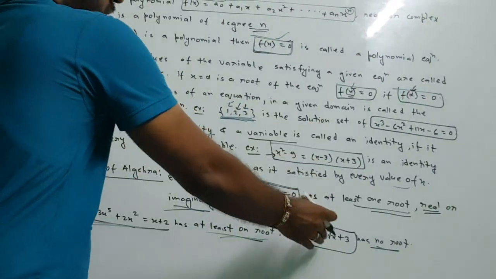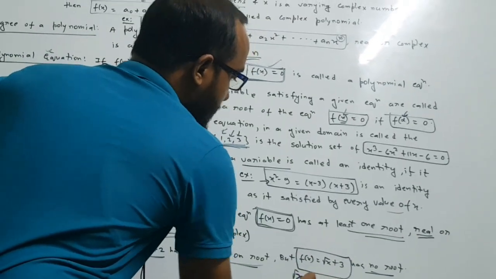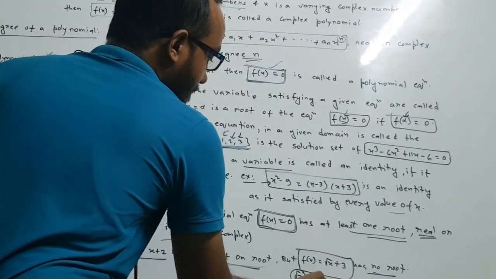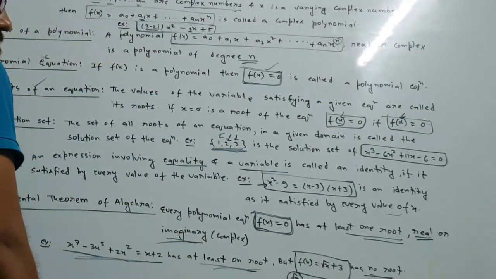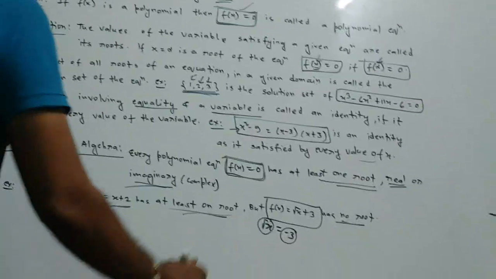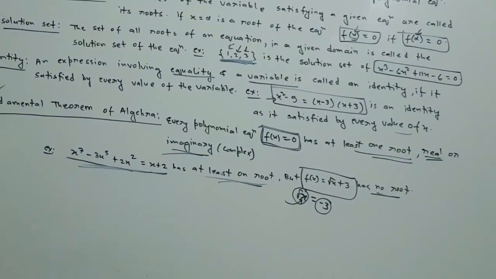So it has no root actually, because if you make root x equal to minus 3, the root of something can never be minus, because we know within the root it should be positive. So these are the terminologies.